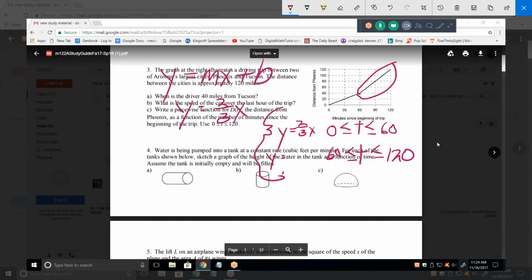The most immediate problem is what? The slope would be, let's see, 40 over 30. Okay, 4/3, that's the slope.